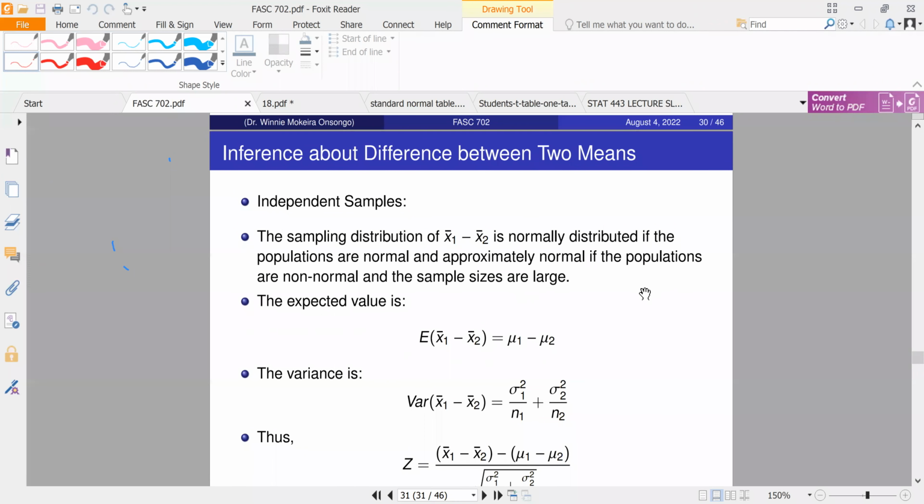What happens here is that you have two populations, and you want to compare them. Are the two populations the same? Of course, the comparison is made with respect to the parameter of interest.